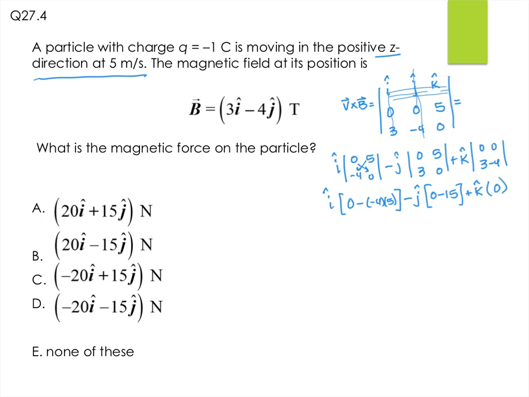So putting this all together, I get 20i plus 15j is my v cross B. My force is equal to the charge, which is minus 1, times this 20i plus 15j. And so it's minus 20i minus 15j is my force vector. And that is D.